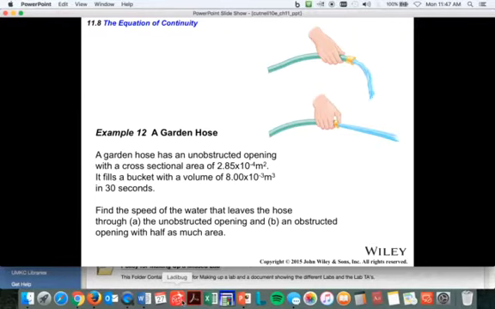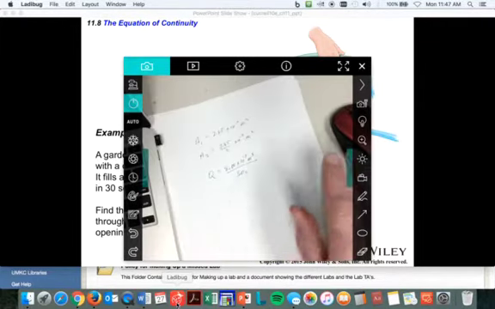We don't have to do the pi r squared hocus pocus. And then Q, the flow rate, is equal to 8.00 times 10 to the negative 3 meters cubed per 30 seconds. All right, so let me show you what I just did. There we go.